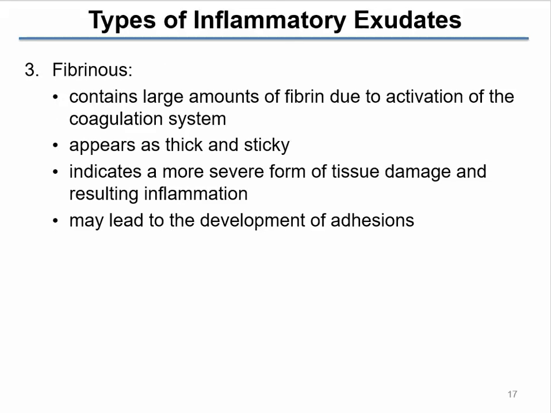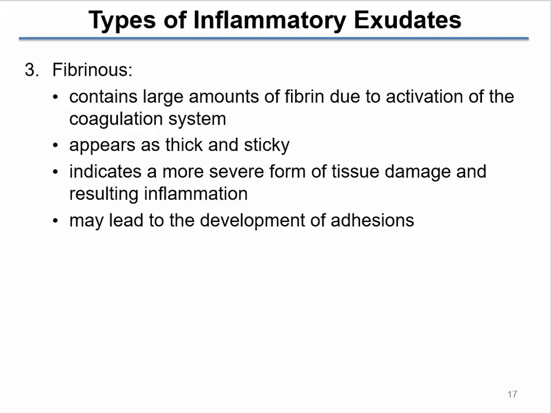Another one is called fibrinous. And this has a lot of fibrin. Now, as you will probably remember from AMP1, fibrinogen will turn into fibrin in the presence of prothrombin and the whole coagulation process.